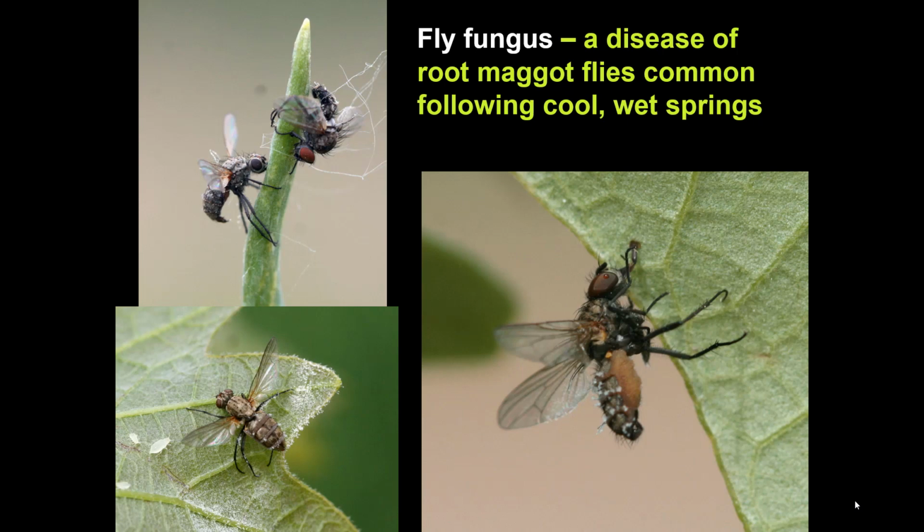So if you see stiff, dead flies on a plant in spring, that's one that's been hit by a fly fungus. Stiff, dead insects sticking to plants, that's probably a fungus. Later we'll show you one that does the same thing to grasshoppers. Different fungus, but same kind of behavior.